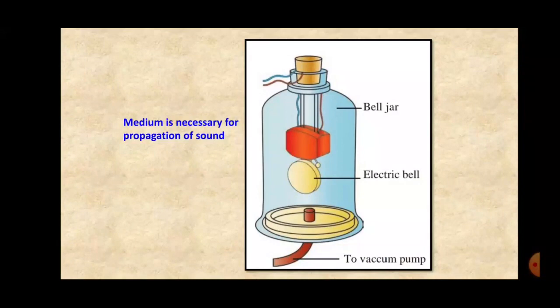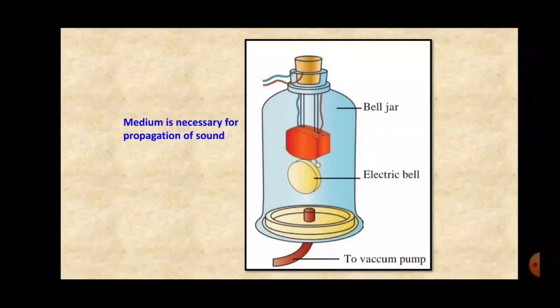As you can see, the wires of the electric bell are going out of the bell jar. They are connected to the power supply, from where we can switch it on and off. And at the base of the bell jar you can see there is a tube which is connected to the vacuum pump, with the help of which we can drain out the air inside and create a vacuum.